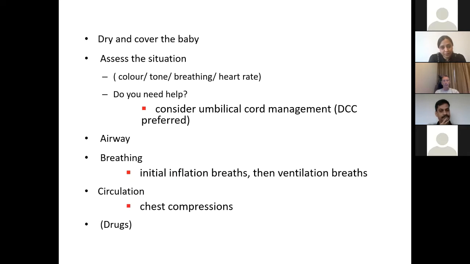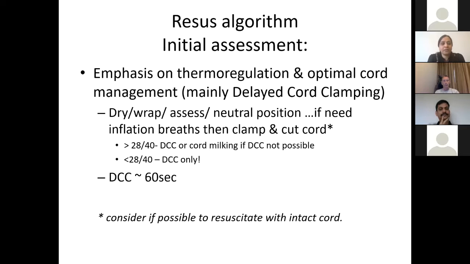Okay, so let's look at it in a structured manner. In terms of initial assessment, the key changes have been a bit more emphasis on thermoregulation. As you know, babies can get cold very quickly in the outside environment because they're wet and they have a larger surface area for the head, so they can lose temperature very quickly.